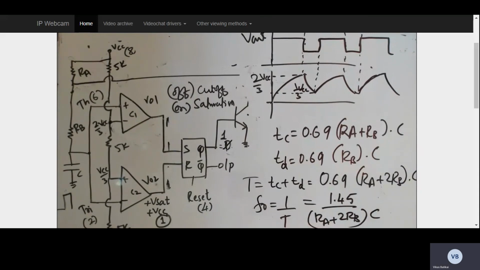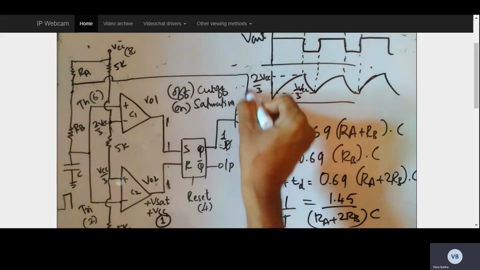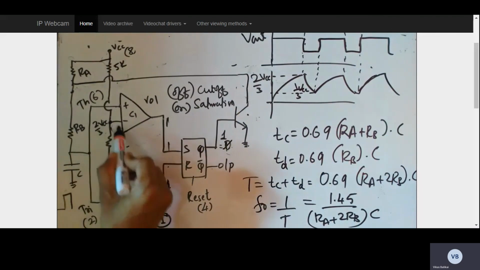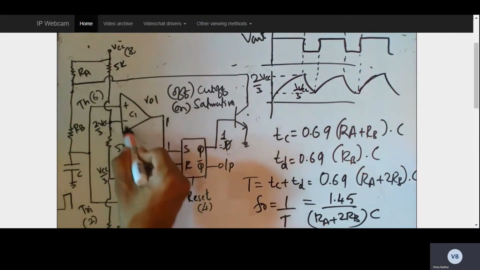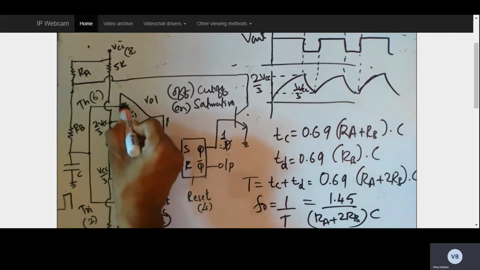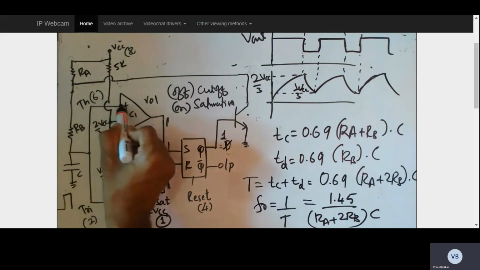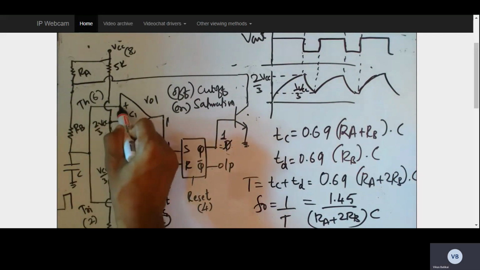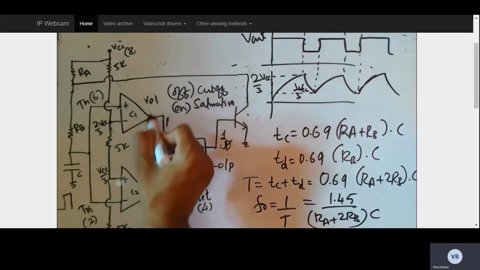And just remember how the charging and discharging action happens through the capacitor. Let me quickly glance through what has happened over here. As soon as the capacitor charges and reaches a value of more than 2/3 VCC, comparator 1 will come into action, and the comparison happens between the threshold value, that is node number 6, on the inverting and non-inverting terminals. The non-inverting terminal is at the highest potential, so the output will be 1.